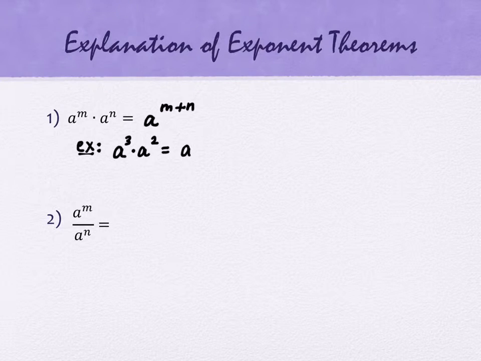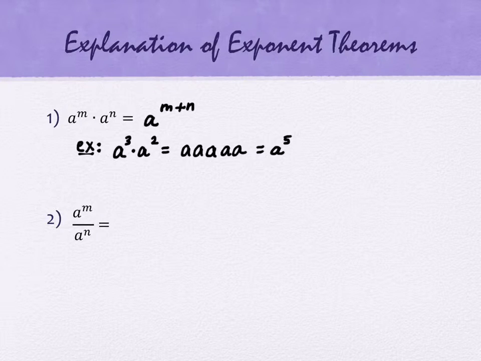A 3 times, a times a times a. And what does a squared mean? A 2 times. So if we collect these now, how many a's do we have? 5. So this is a to the 5th, and how do we see that we got from 3 and 2 to 5? We added them, right? So it isn't multiplication, it really is addition.